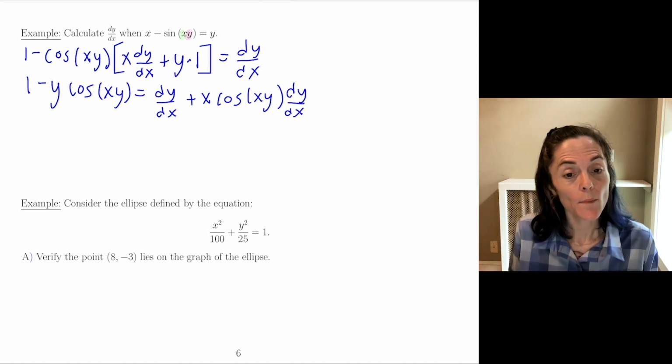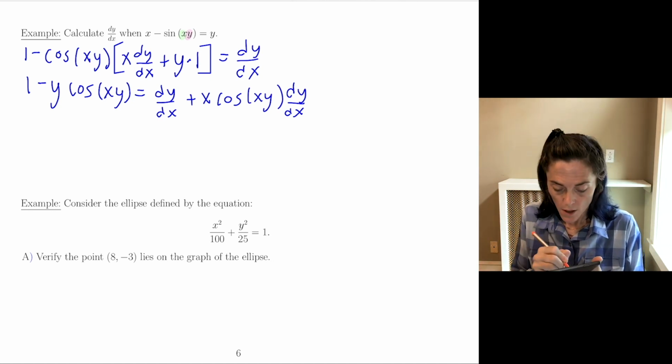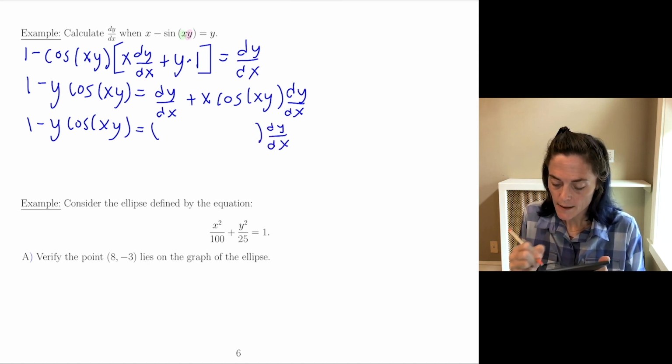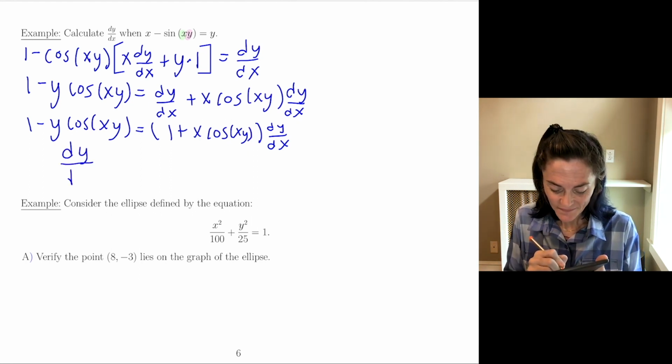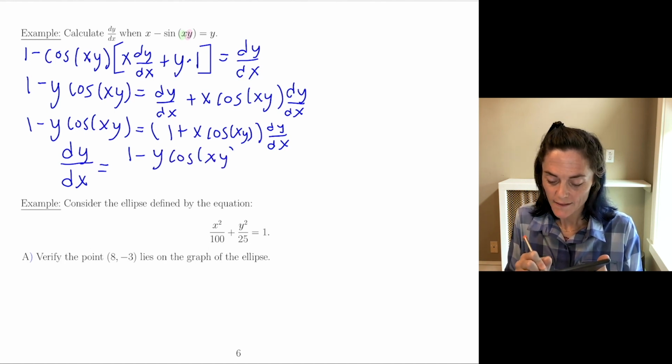Okay, I really only have one more step before I'm ready to divide here. I'll just recopy this. And then we can factor out dy/dx. This would be 1 plus x cosine xy. dy/dx will be 1 minus y cosine xy.